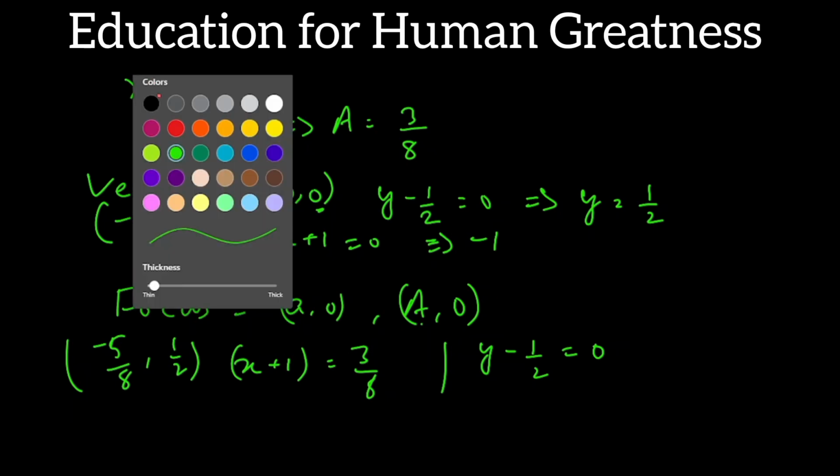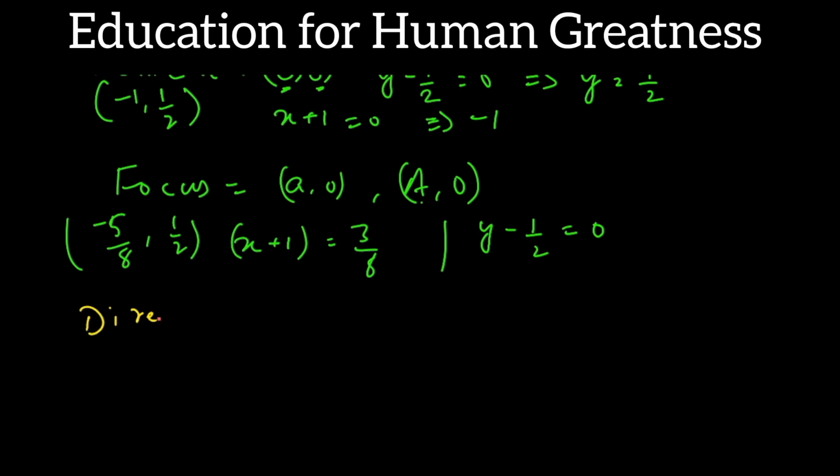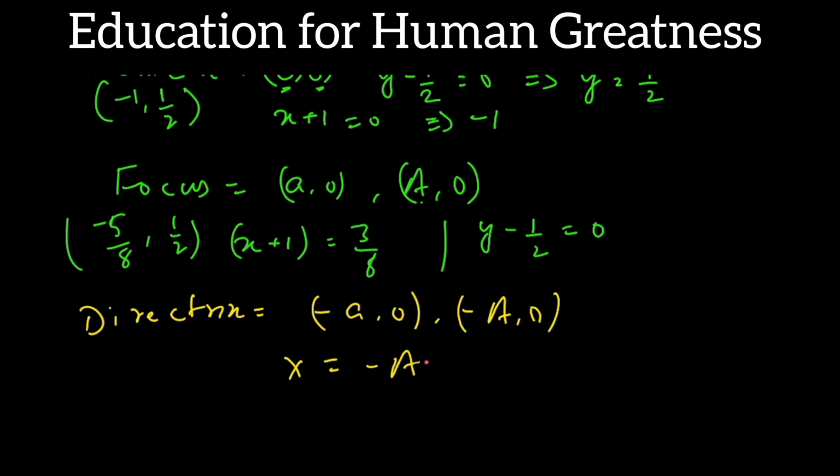Now we are going to find the directrix. Its coordinate is (−a, 0). The x coordinate is −a, so x = −a. That means x is given, x + 1, and then minus a.